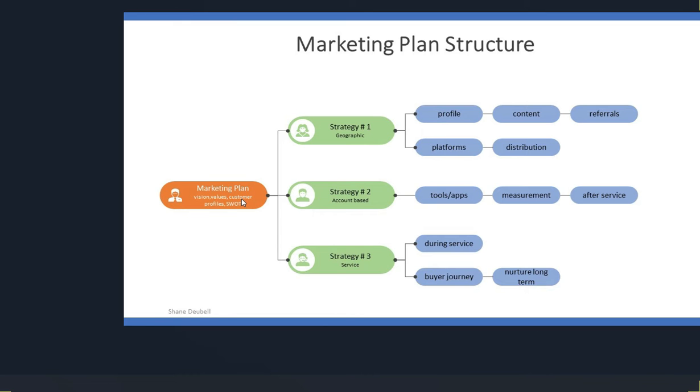What it is, we have our marketing plan. That's the big picture. Then we can have individual strategies, and you can start off with 1, you can have 2, 3. As you become more sophisticated, you can come up with different strategies like geographic, account-based, service-based, and then all of these are just examples of different tactics that go under the strategy.